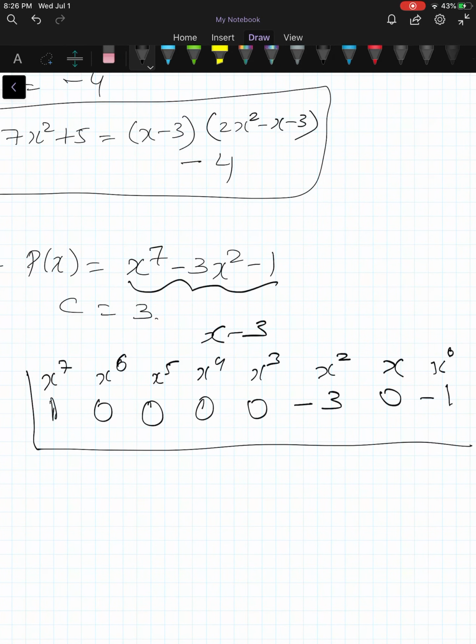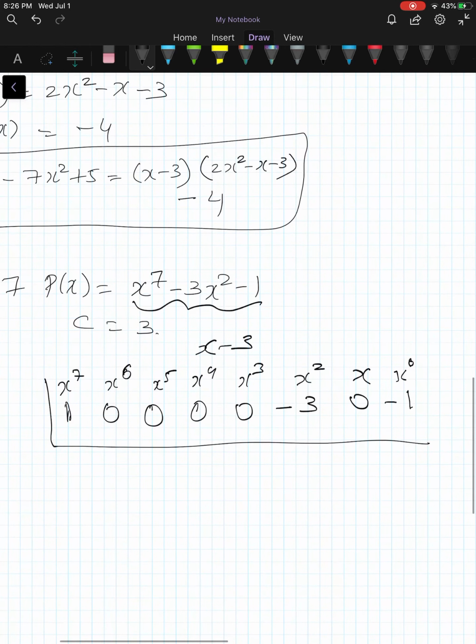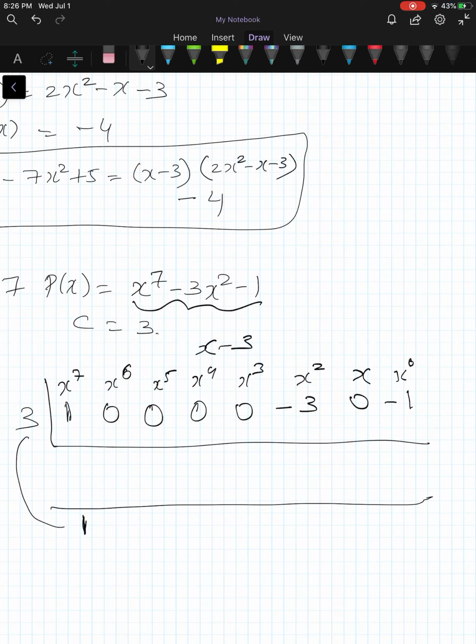Okay, then you are asked to divide by c, which is 3. So draw a line leaving some gap. Bring down the first number, that is 1, multiply 3 by 1 and put it under the 0, that would be 3. Add 0 and 3, you get 3, multiply 3 by 3, you get 9, put it under the next 0.